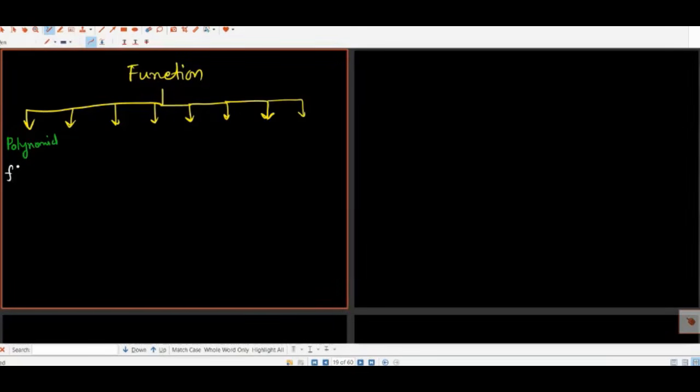Suppose we have f of x equals x squared plus 5x plus 6. This is a polynomial function where we have the algebraic terms. Let's say we have another function g of x equal to 2x cubed plus x. So this is another polynomial function.